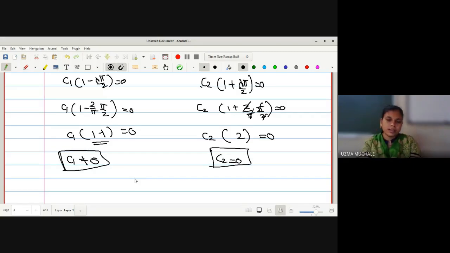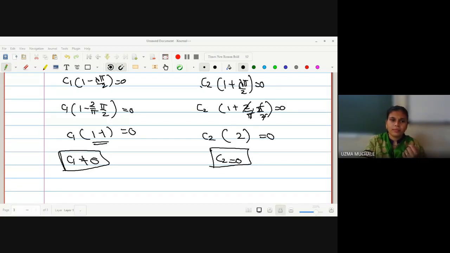Here, after putting lambda 2, you will get C2 is non-zero and C1 is 0. Ma'am, I want to recheck the question. Please show it.